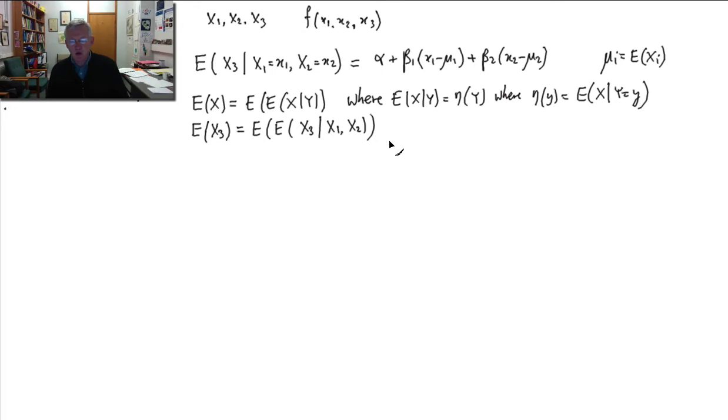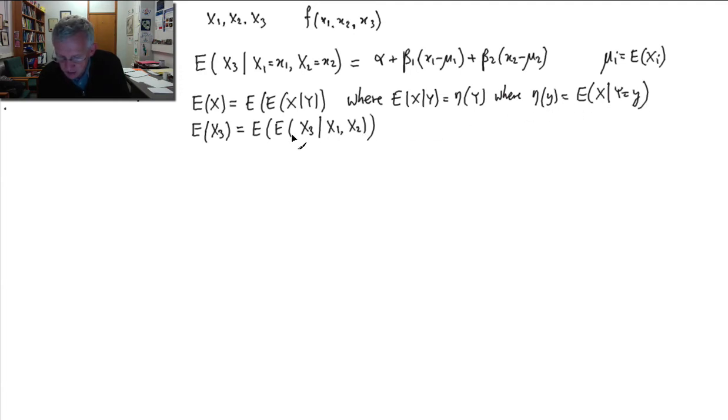This conditional mean here is a function of x1 and x2. So this expectation is calculated with respect to the joint distribution of x1 and x2. And the inner one is calculated with respect to the conditional distribution of x3, given that x1 and x2 are fixed. But basically, the formula for this is exactly the same as the formula here.